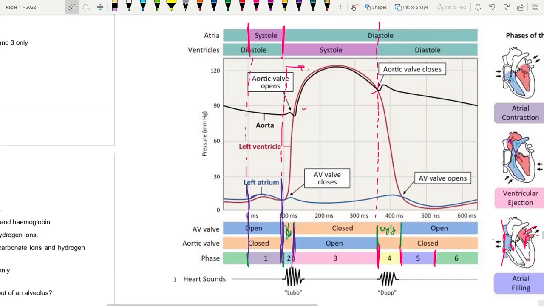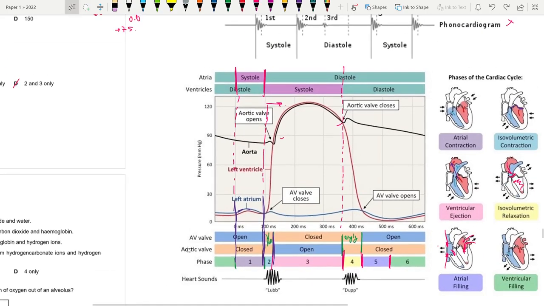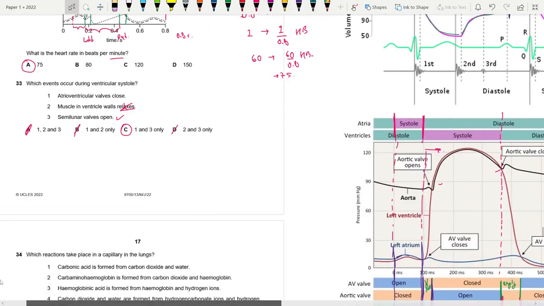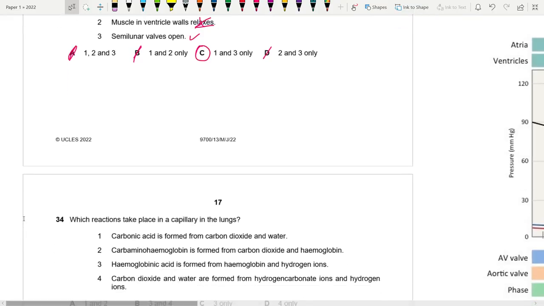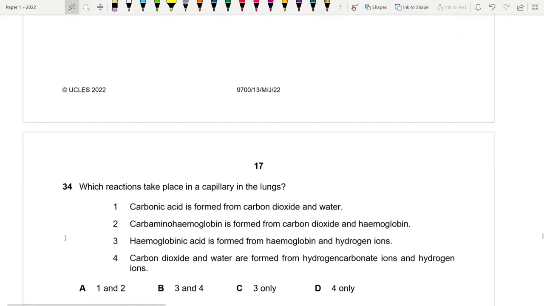That is 100% correct. Due to the increased pressure, right? Due to the increased pressure, to prevent backflow, the atrioventricular valves close to prevent backflow to the atria. Okay, so it's 1 and 3 basically.